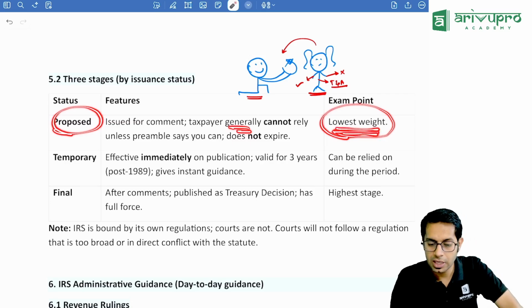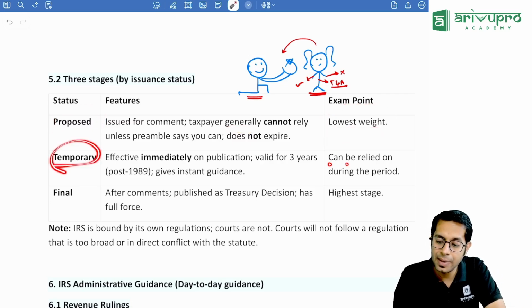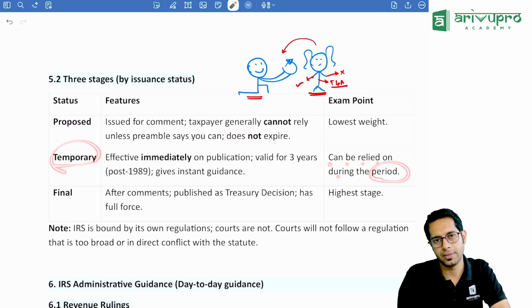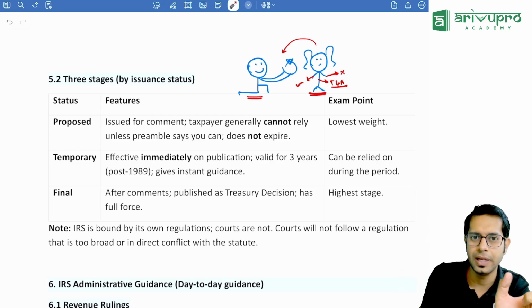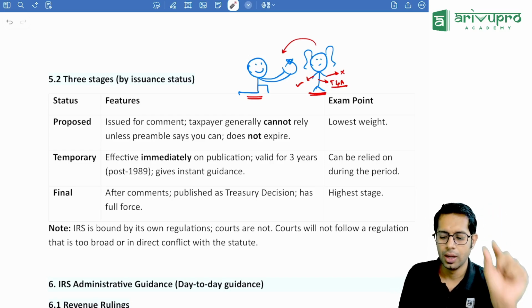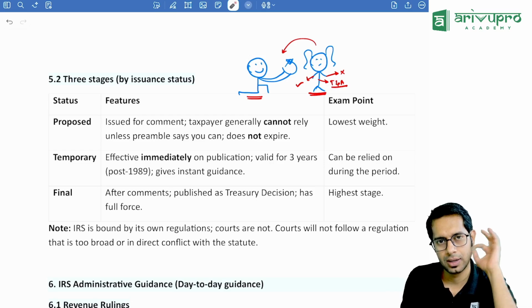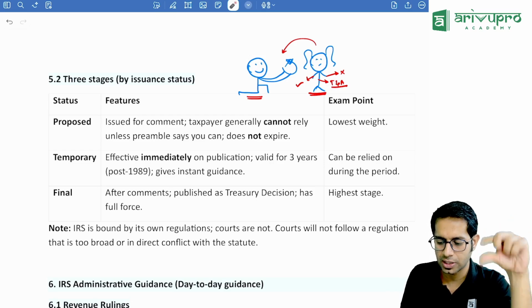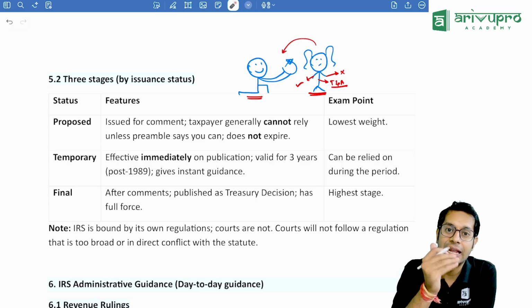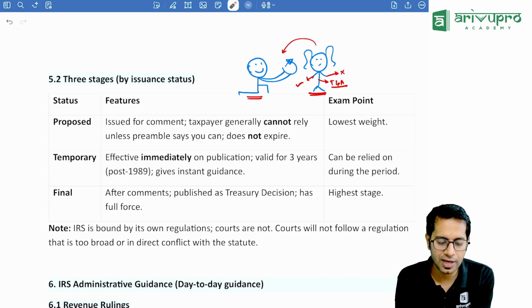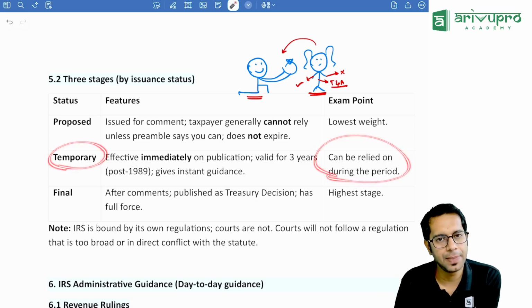It has the lowest weightage. And if it is temporary, it can be relied on during that period. For how long have they given that relief? For that period only it can be relied upon.